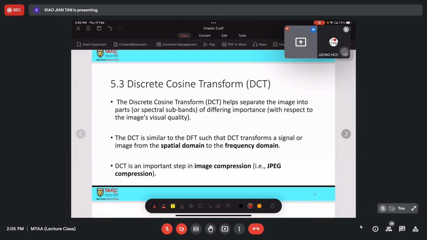The method being used is DCT, discrete cosine transformation. This discrete cosine transformation is more or less the same as the DFT. And then later on, I'm not sure if you're all aware, you will have another extension, JPEG 2000, I think.